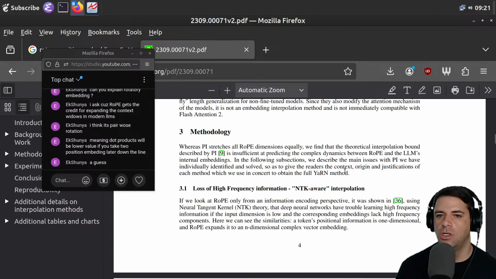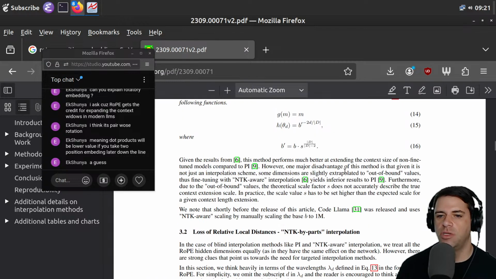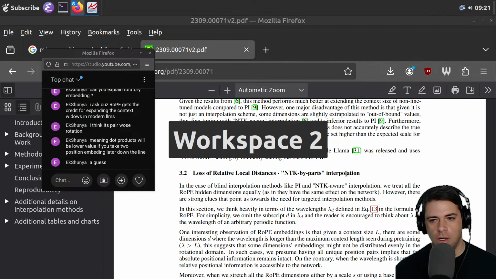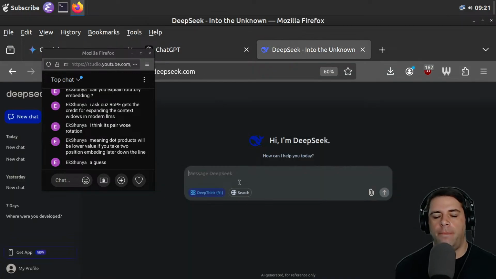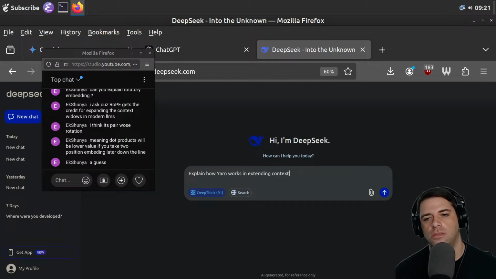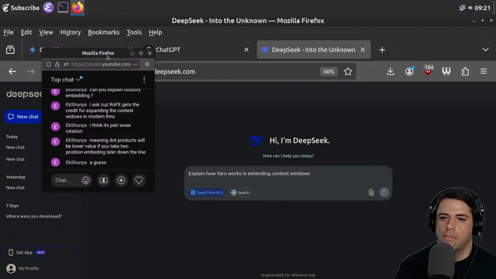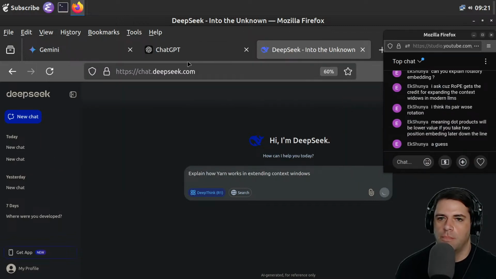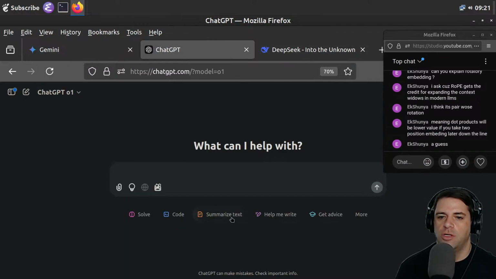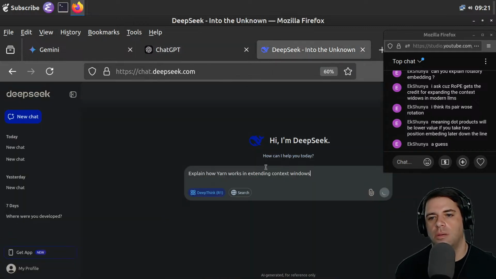Additional notation. This might be the place where we ask some of the AI models, explain how YaRN works in extending context windows. I'm not sure DeepSeek is going to come through.